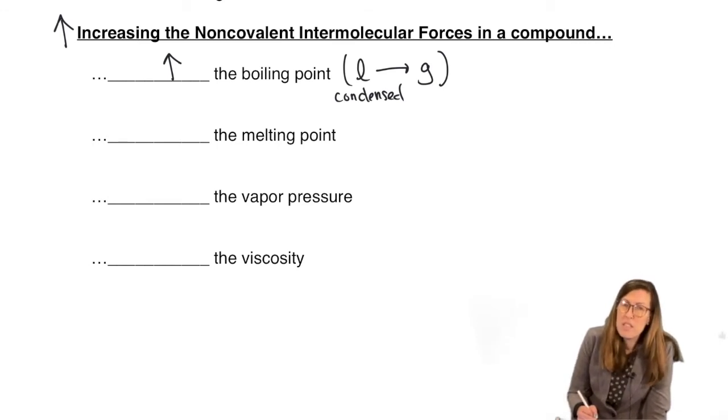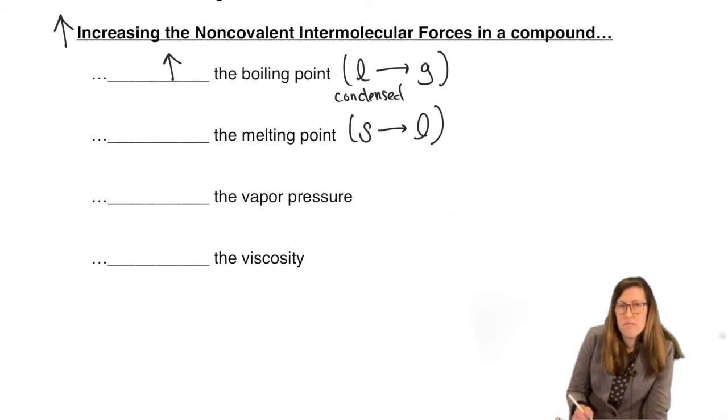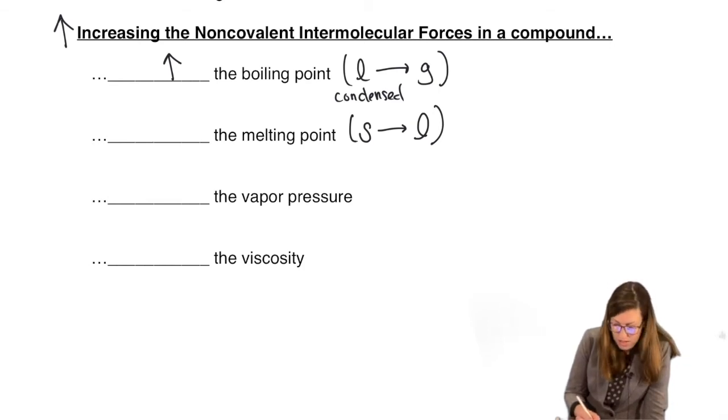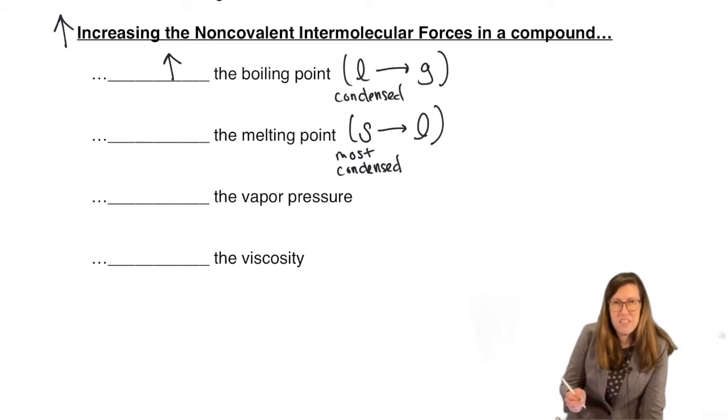What will increasing intermolecular forces do to a melting point? You have to answer the question, what's happening when you melt? When you melt, you go from a solid to a liquid. Solid's even more condensed. Most of the time, solids are the most condensed state of matter. That means it's the same logic.